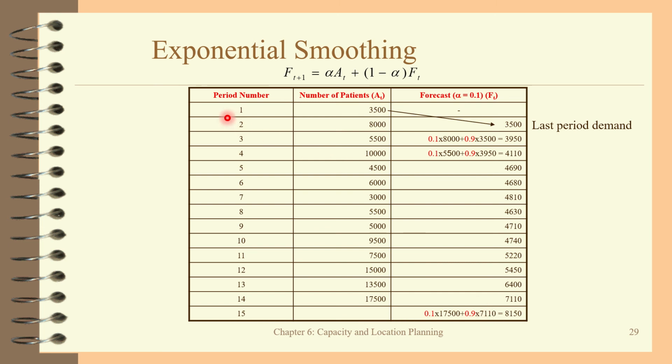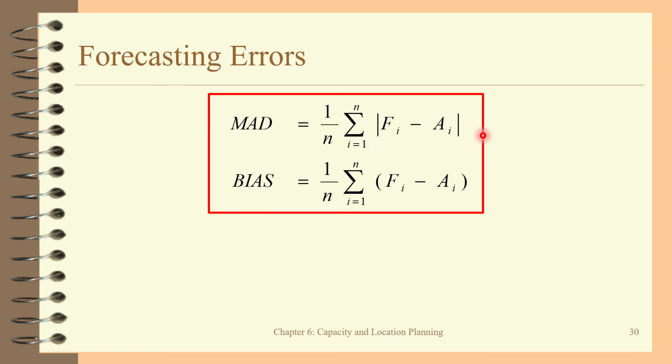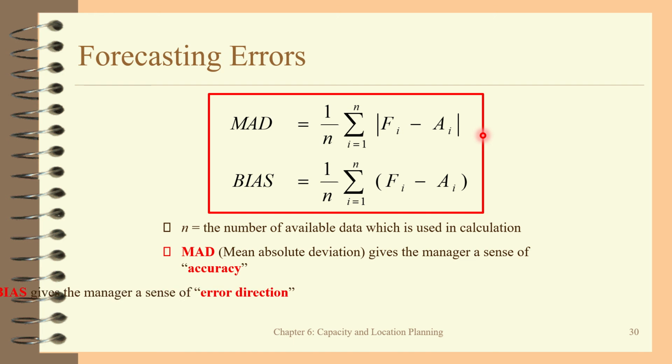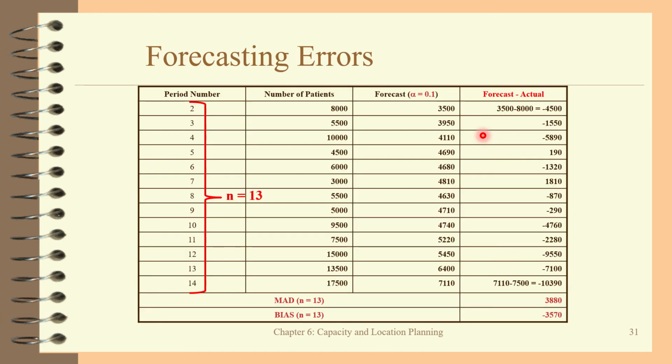You include the periods which have both actual and forecast together in the calculation of MAD and bias. So here, you start from period number 2 to period 14, right?